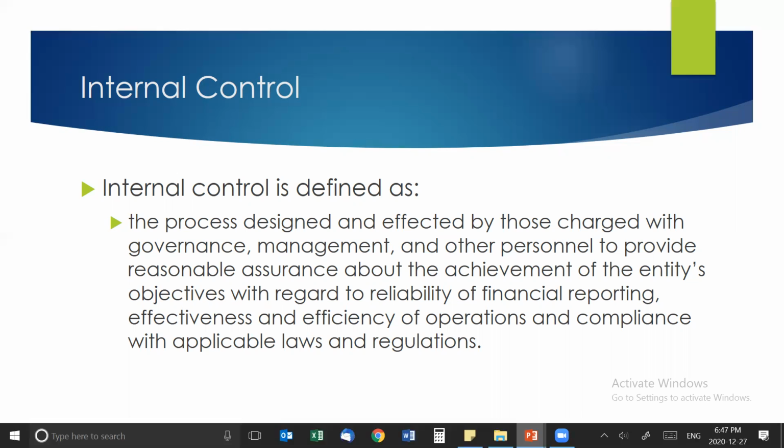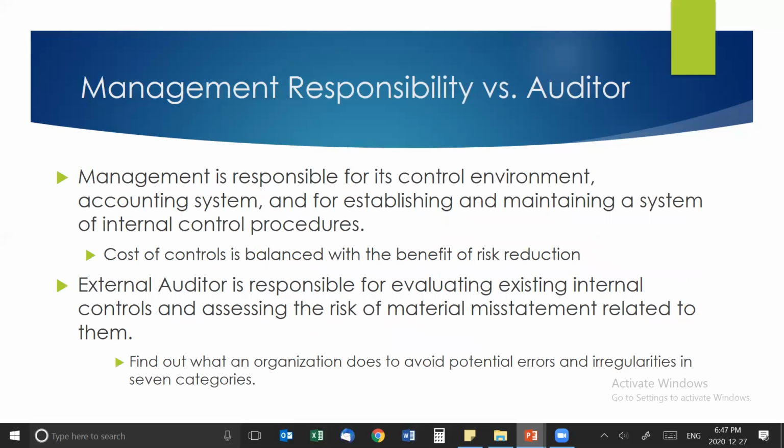So it's basically the policies and procedures that those charged with governance have set up, that are supposed to give you reliance over financial reporting. It's supposed to provide efficiency and effectiveness of operations and compliance with laws and regulations. So it's like your day-to-day operations. What type of controls do you have around those?